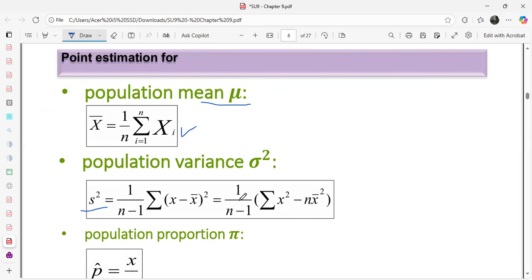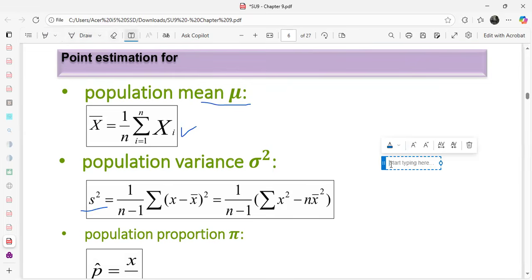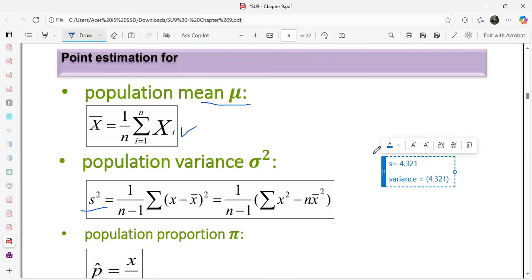After finding the standard deviation, let's say for example the value was maybe 4.321. Then the variance in this case will be 4.321, close bracket, and then you put to the power 2.